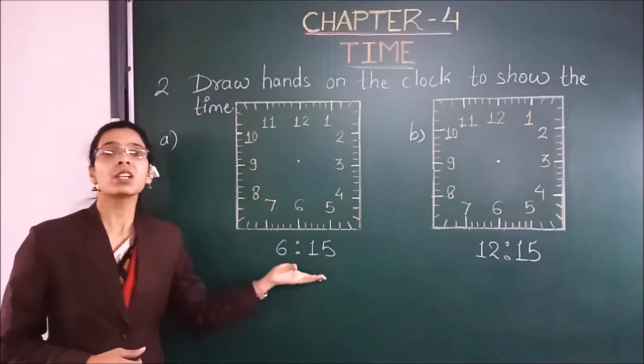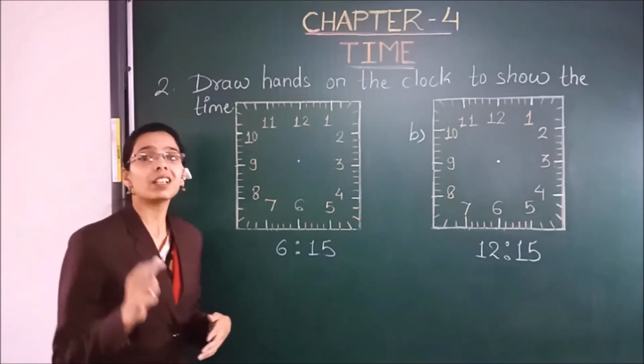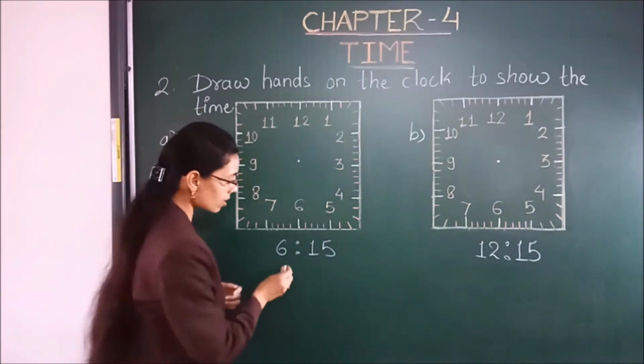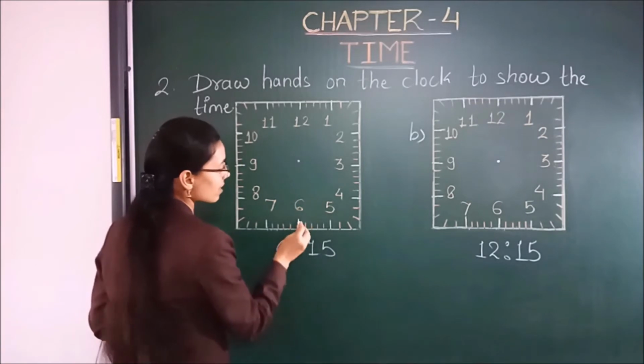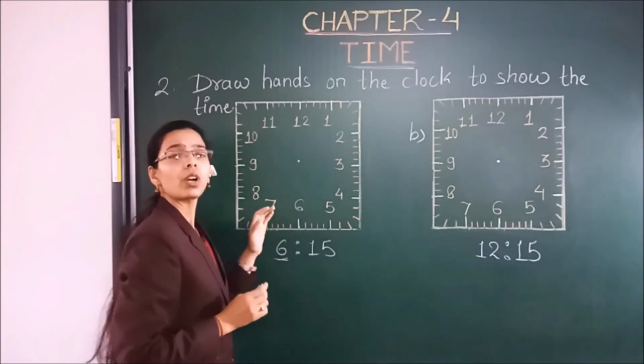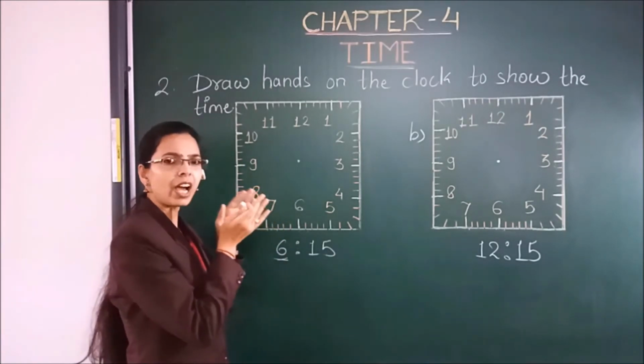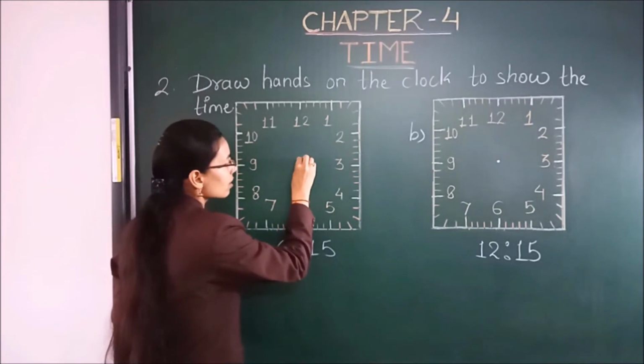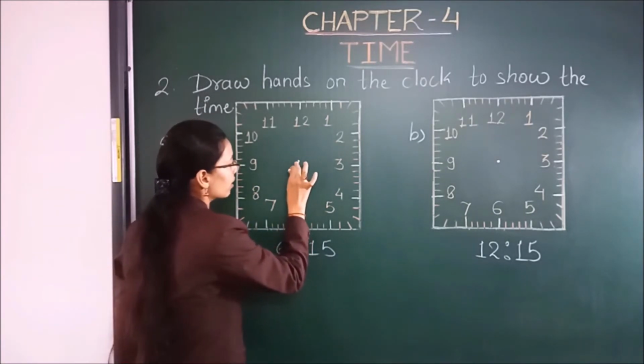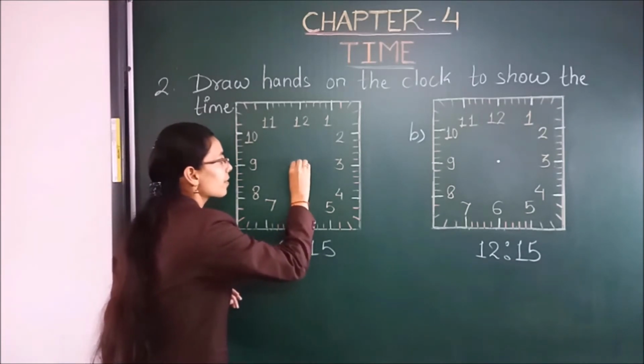First one, 6:15. It means that our hour hand has crossed 6. So where is 6? Here. Not exactly at 6, we have to cross it a little bit.